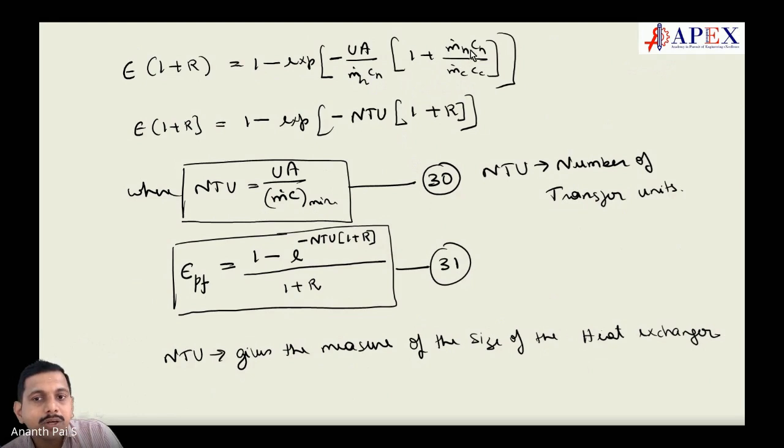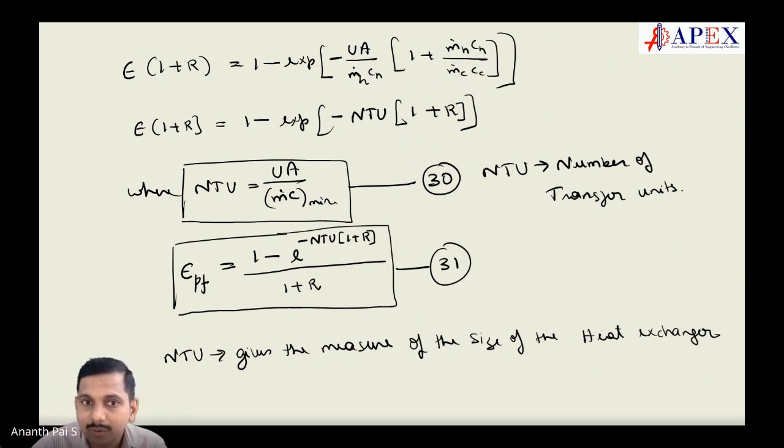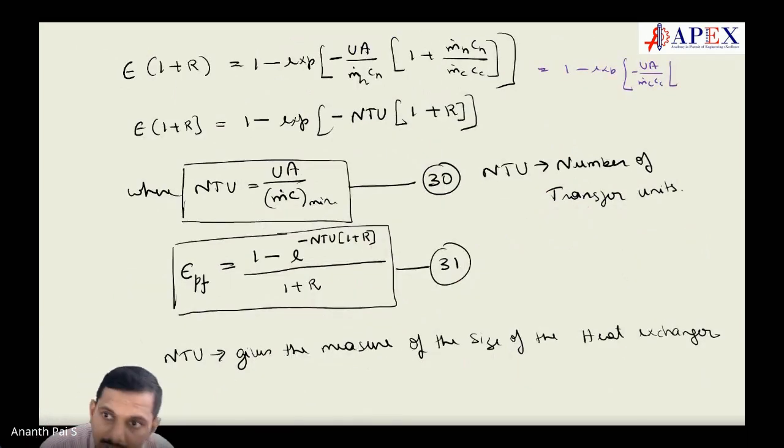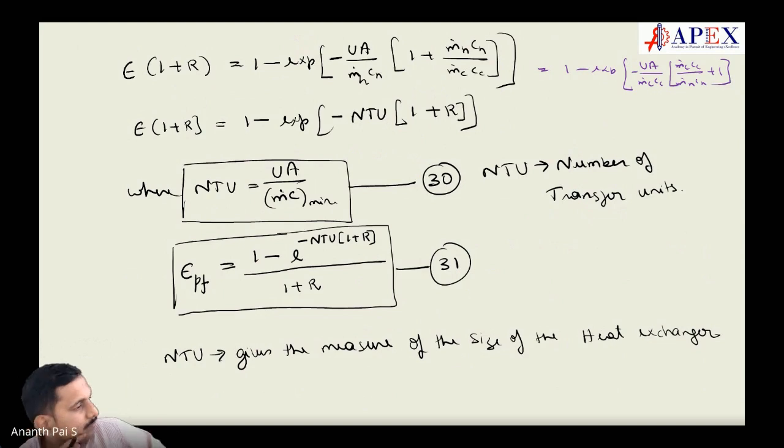And what you will get is 1 minus exponential of minus UA divided by m dot c Cc, into m dot c Cc divided by m dot h Ch, plus 1.